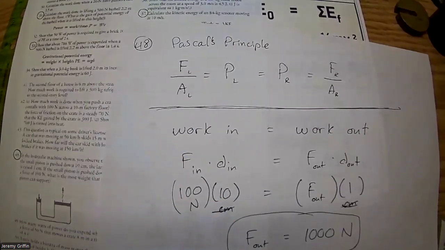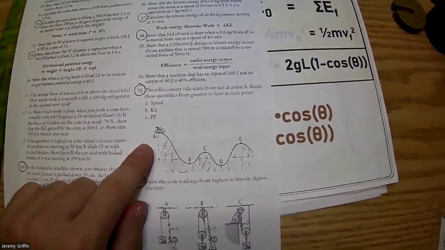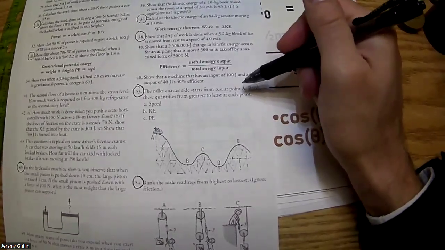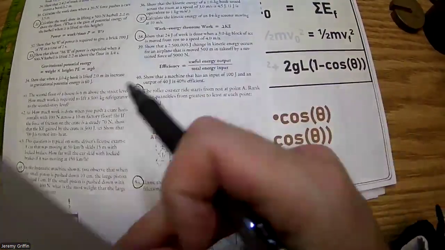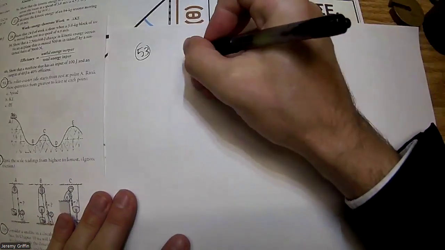All right, ready for the next one. Number 53. A roller coaster ride starts from rest at point A. I think we looked at a few roller coasters. Rank the quantities from greatest to least at each point: speed, kinetic energy, and potential energy. So here, I'm going to redraw their picture.